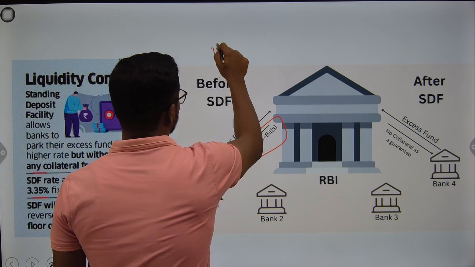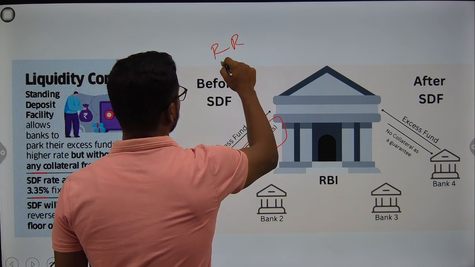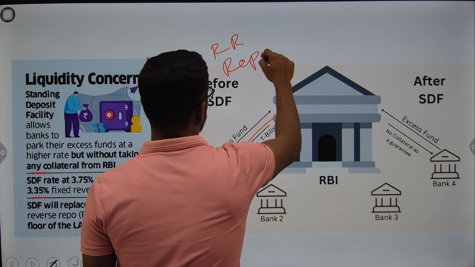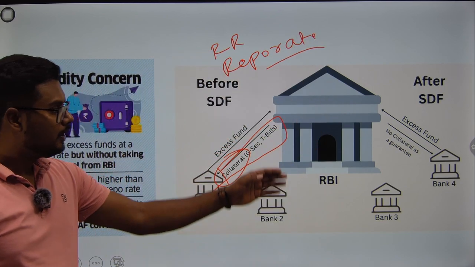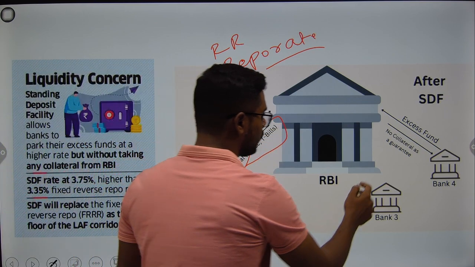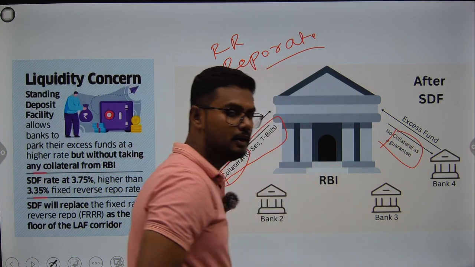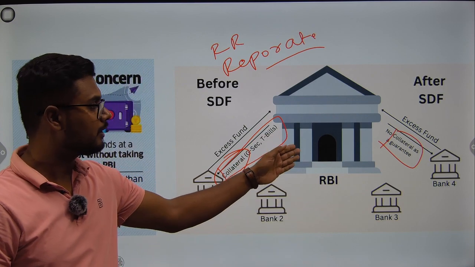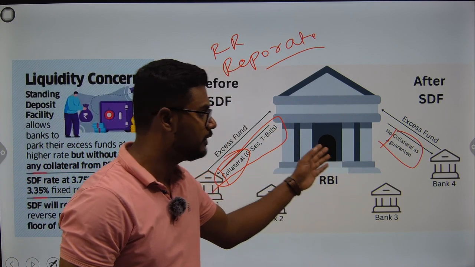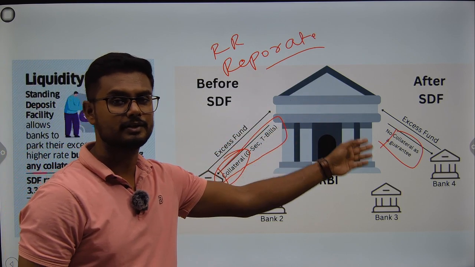It might be on the basis of reverse repo or repo rate. But with the introduction of SDF, the banks no more need any collateral as a guarantee. In case they require any excess fund, without the help of collateral, they can directly approach the Reserve Bank of India and apply for some additional funds.